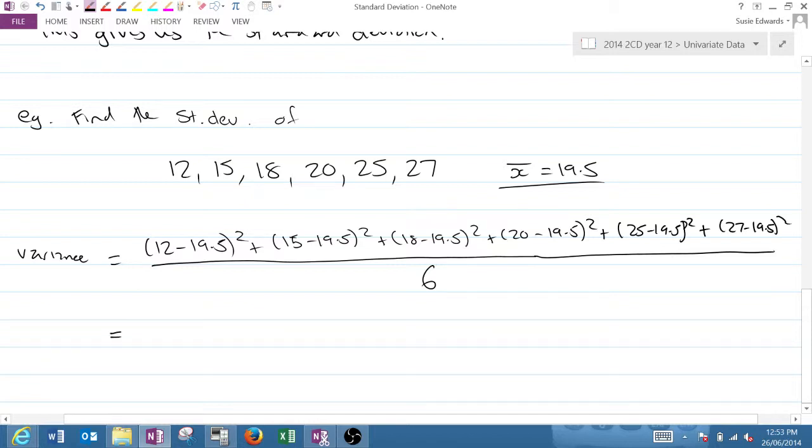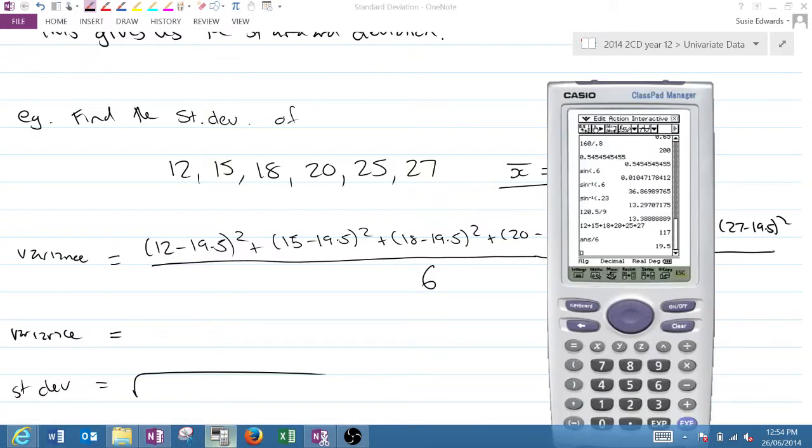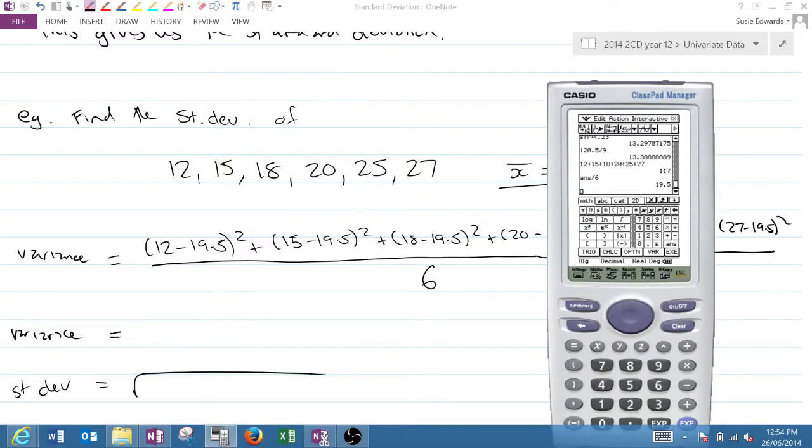That gives us a number, which is the variance. It would be good if you guys tried to put this into your calculator as well, please.